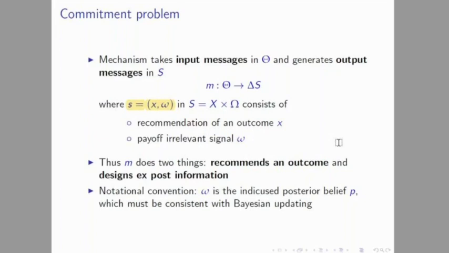It recommends an outcome to be implemented, and it designs ex post information. The design part is usually absent in the standard mechanism design literature. It is absent because we are not interested in ex post beliefs. There is no renegotiation ex post in the standard mechanism design scenario. Here, it is precisely the ex post situation, the ex post beliefs, that we are interested in.